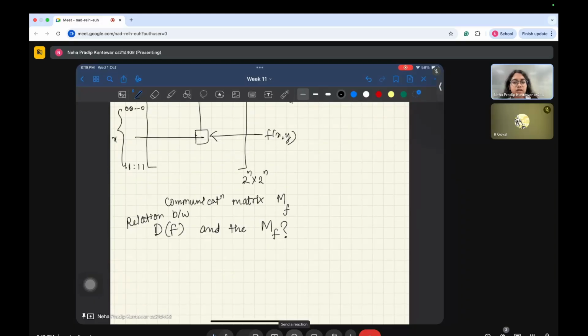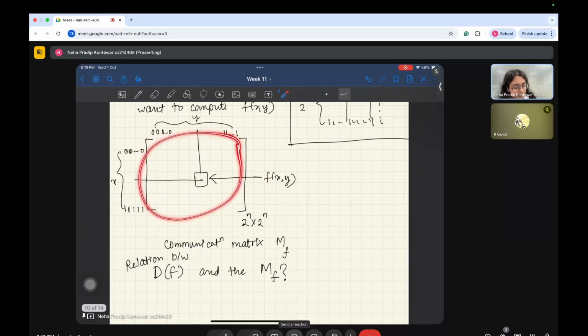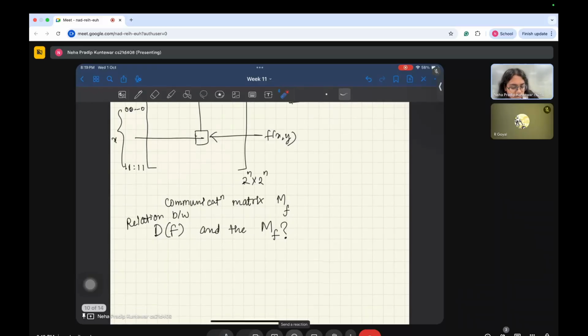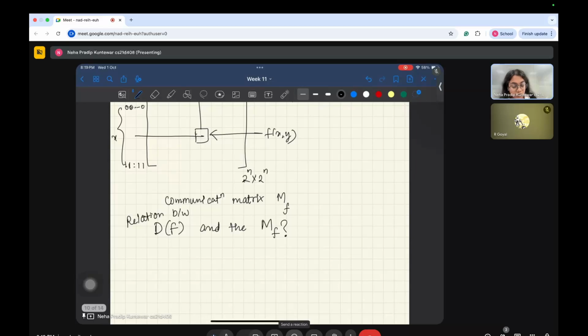It turns out that if the rank of this matrix is very high, then the deterministic communication complexity of f is also lower bounded. It is known that D of f is at least the log of the rank of the matrix M_f.